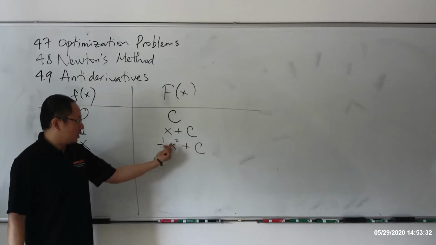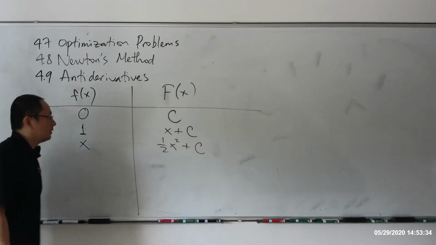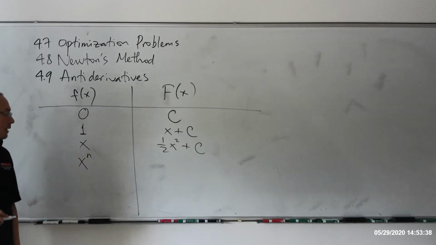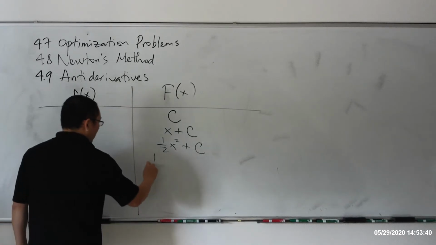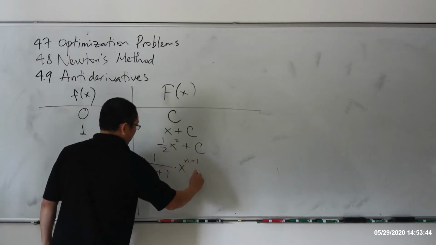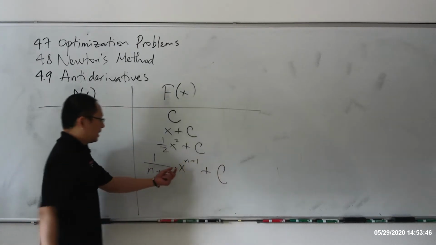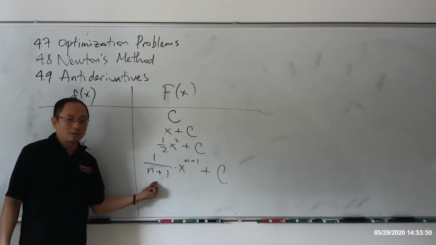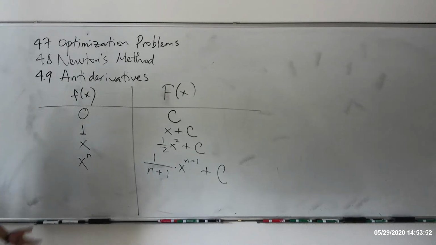Take the derivative, we got 2x times 1/2, just x. So in general, for x to the n, the antiderivative is going to be 1 over n plus 1 times x to the n plus 1, plus c. And you can check it out by yourself. Take the derivative, the n plus 1 cancels out with the 1 over n plus 1, and then just x to the n, and the constant c's derivative is 0.